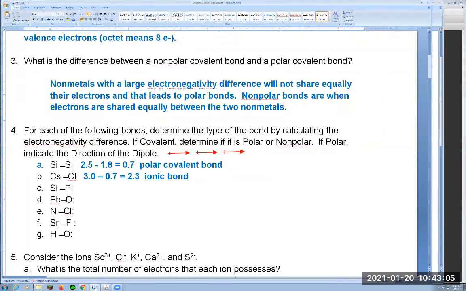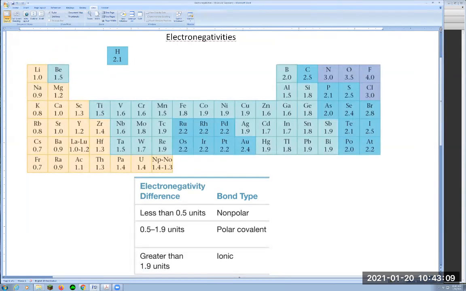Silicon and phosphorus. We know silicon has a value of 1.8. Phosphorus is just right next to it, 2.1.